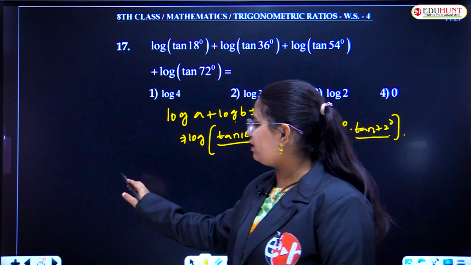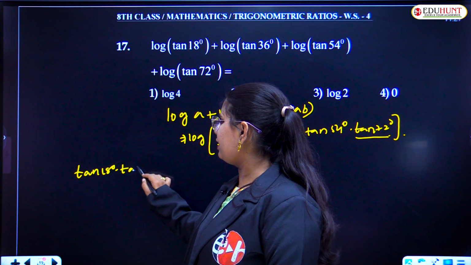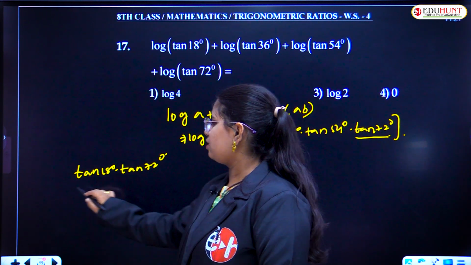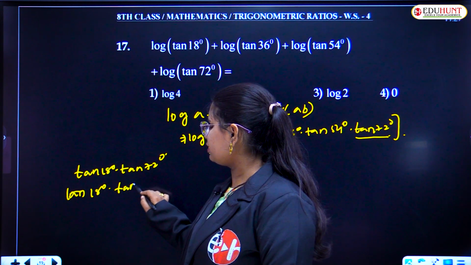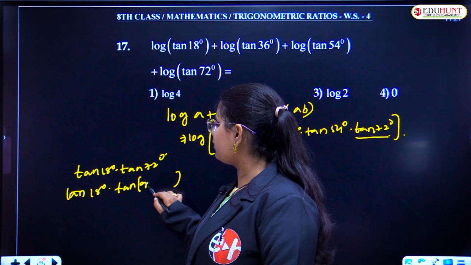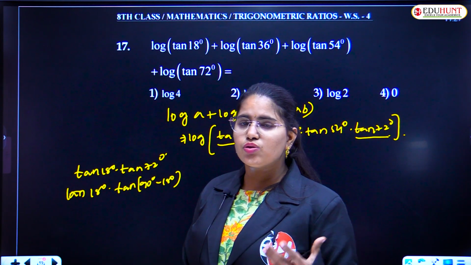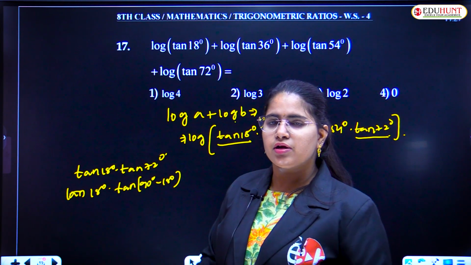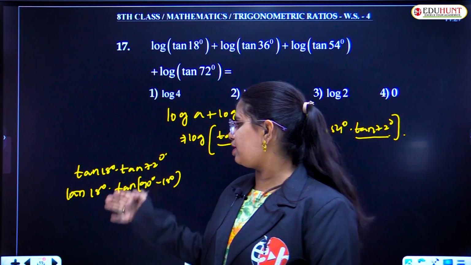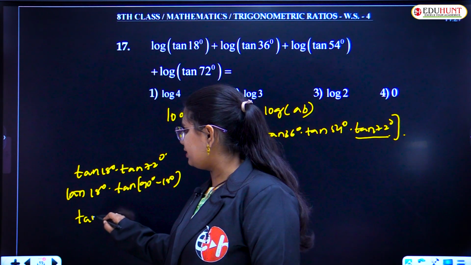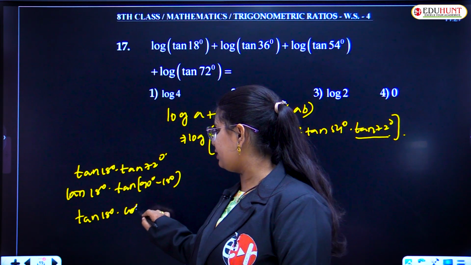Next, tan 18 and tan 72. Just consider tan 18 and tan 72 from this. Tan 18 I will write as usual, and I'm just converting tan 72 in terms of 90 degree minus 18 degree. Can I write like this? 90 minus 18 is 72, right? So tan 18 degree into tan of 90 minus 18, which is cot 18.